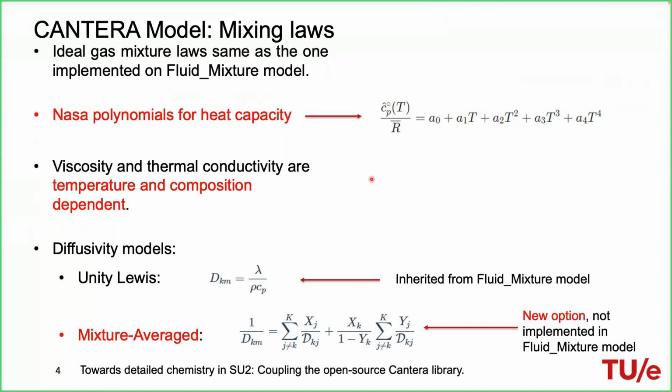And regarding the diffusivity models, we already have in SU2 the unity Lewis, which is given by this expression. But from Cantera, we can get an additional diffusivity model, which is mixture average, which is based on this expression, and this one cannot be implemented in the fluid mixture model.